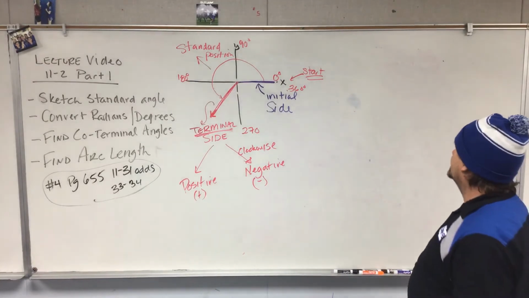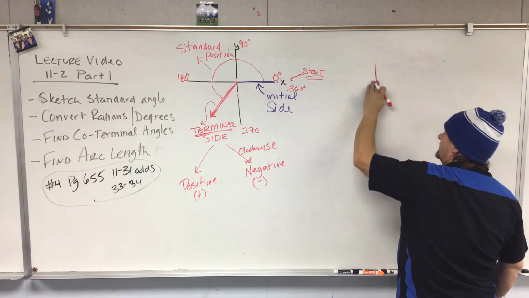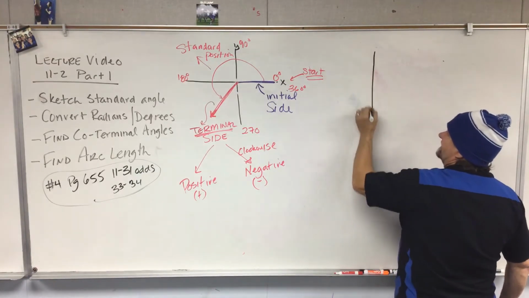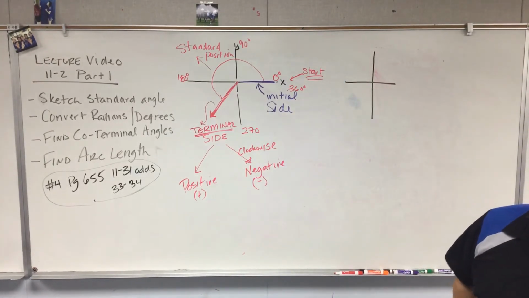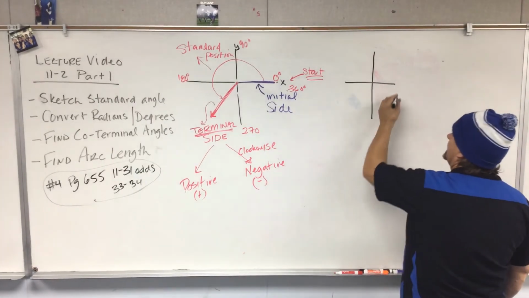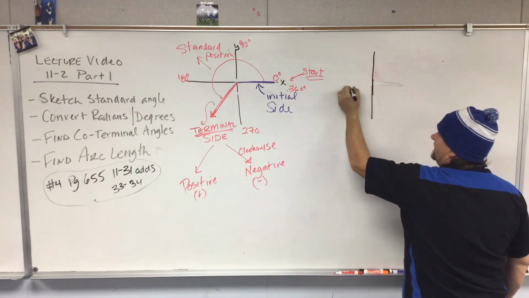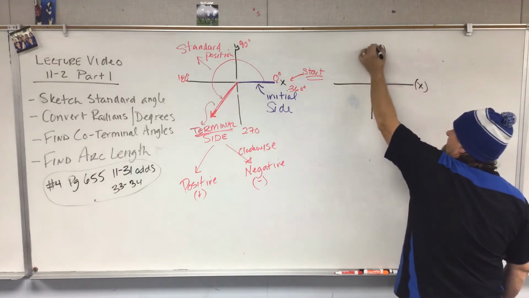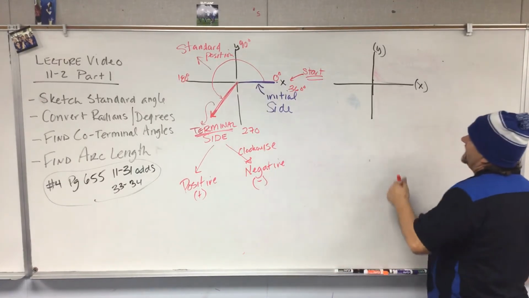All right, so we've got some quick ideas here. So let's just kind of look at some examples. So I'll go ahead and redo this in black. Let's look at black here. We've got 215 degrees. Okay, so we've got our x-axis, got our y-axis. Now we can go in red over the top of the black x-axis and y-axis.